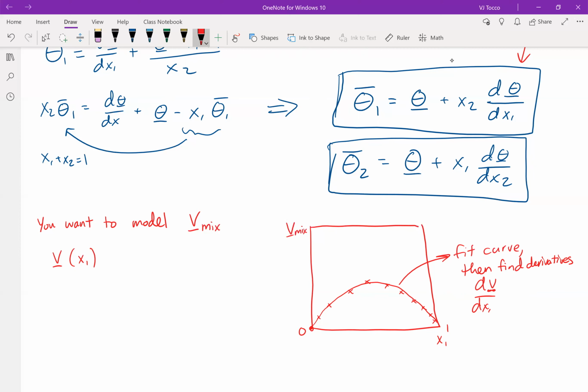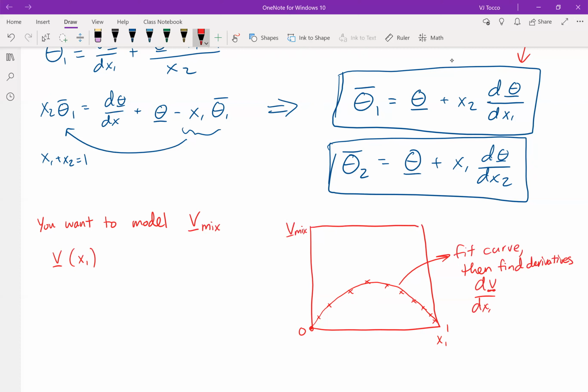You're trying to get a relationship for the solution property, which is the underbar, as a function of changing what the compositions are. And then by using this equation, you can find what the partial molar properties are, theta over bar 1 and theta over bar 2.